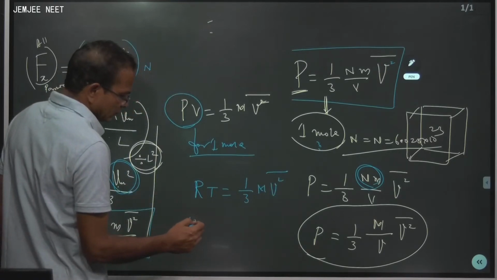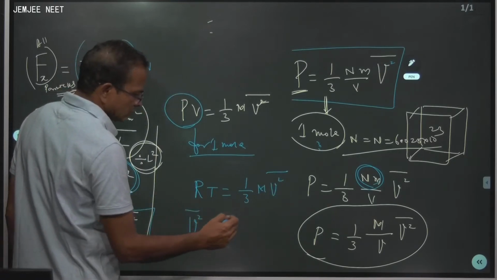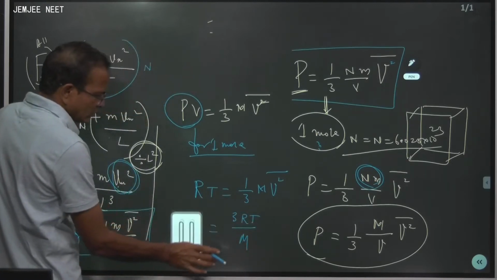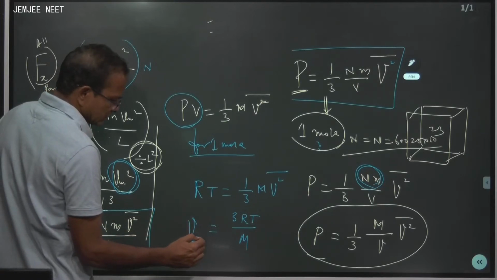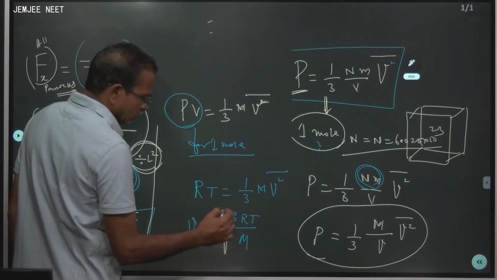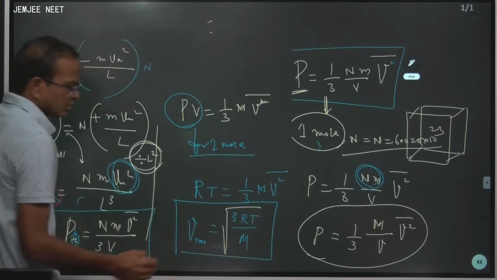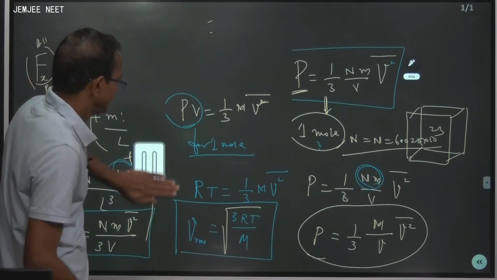Therefore V square bar is 3RT by M. No, I want only V RMS. It is the square root of 3RT by M.